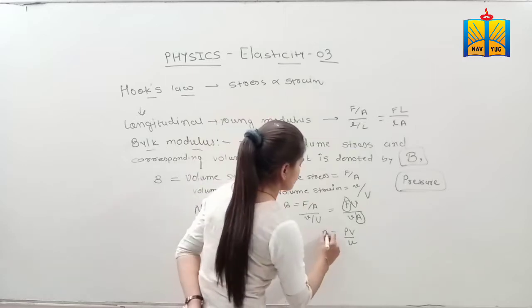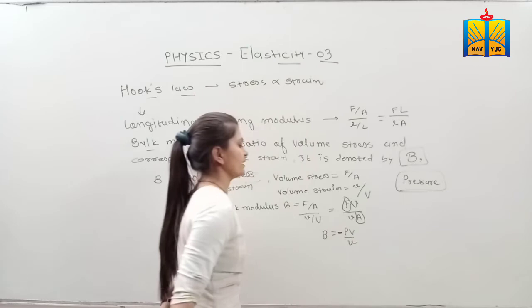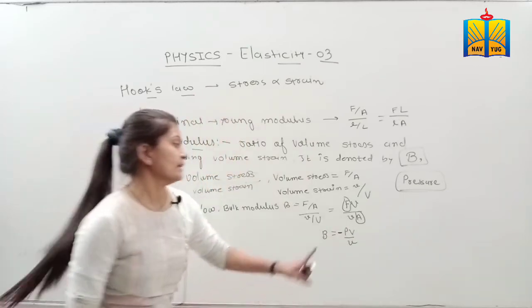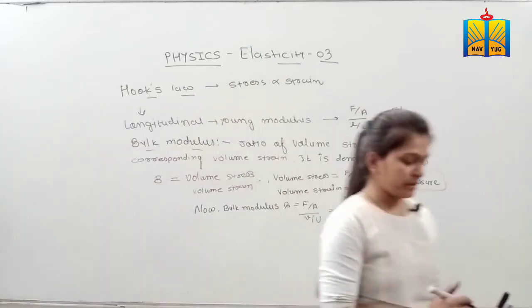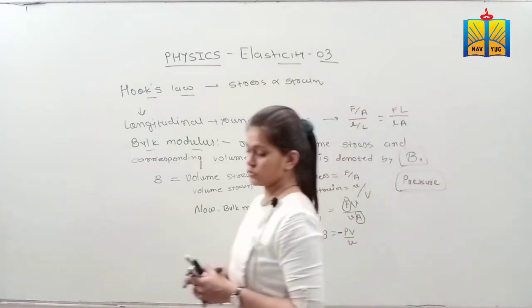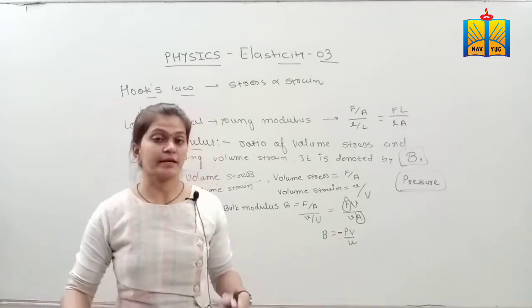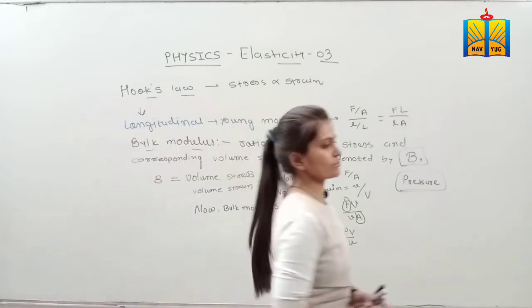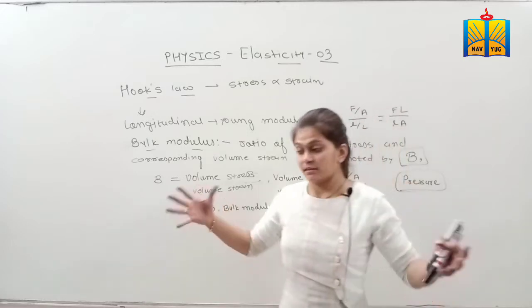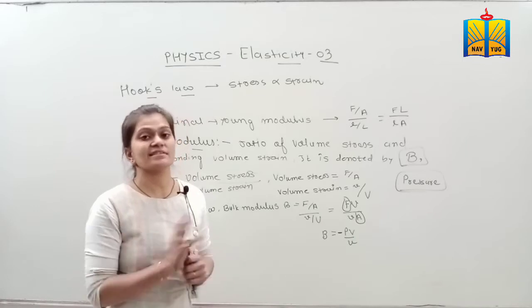But if we are using pressure, here we need to change the sign, that is negative. Reason: this negative sign shows that when we apply pressure, force can be of two kinds, either volume stress can increase, meaning the size can increase or decrease, right. But when the word pressure is used, it shows that the size decreases, right?